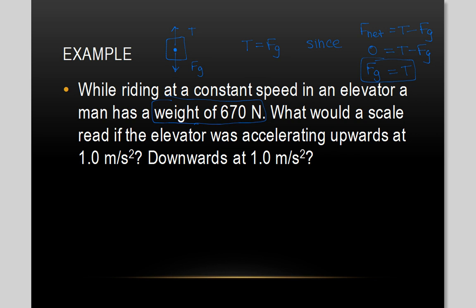So that is his actual weight. His actual weight is 670 newtons because it was read while in a frame of reference where there was no acceleration. It was at a constant speed. So this is his weight because the scale measures the up force, and while at a constant speed it was matched. So this is his actual weight.